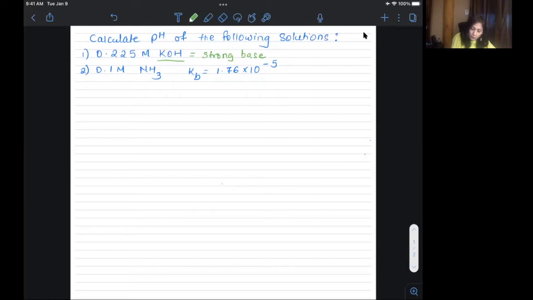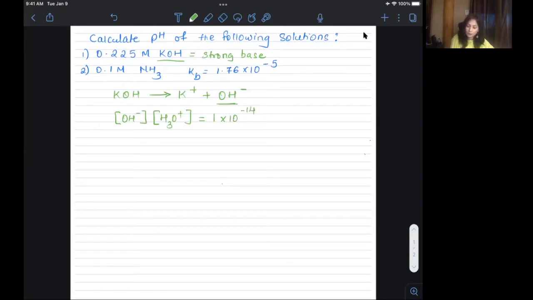0.225 molar KOH. So you have KOH will dissociate into K plus and OH minus. Once we have the hydroxyl ions, and we know the concentration of the hydroxyl ions, we can calculate the hydronium ion concentration using the formula: hydroxyl ions and hydronium ions, when you multiply the concentrations, this is equal to 1 times 10 to the negative 14th.